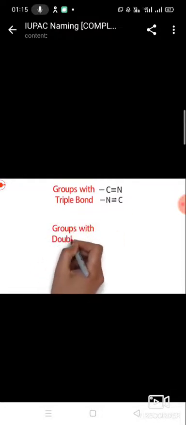Then groups with a triple bond. C triple bond N is cyanide, and N triple bond C is isocyanide.